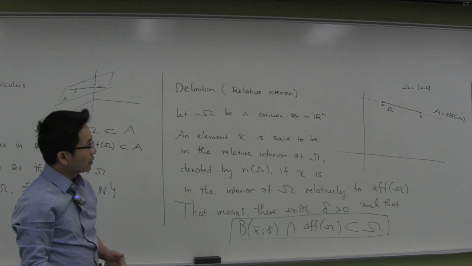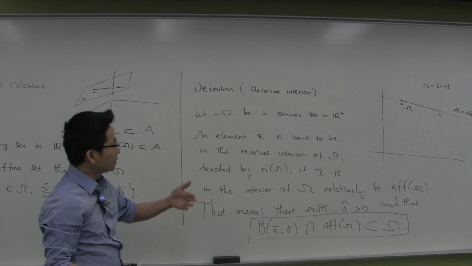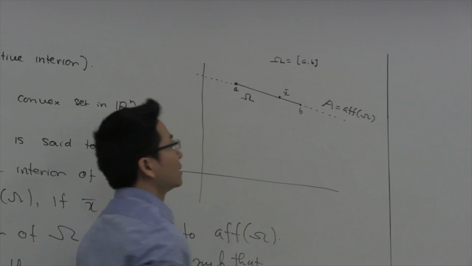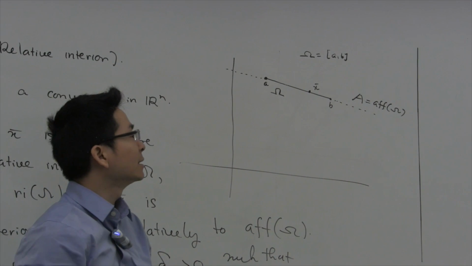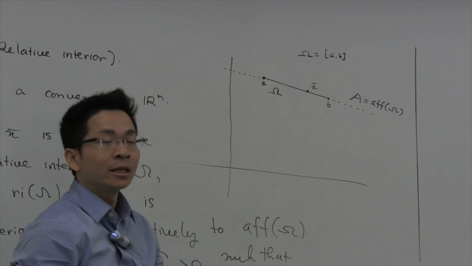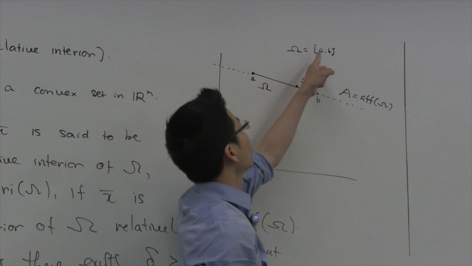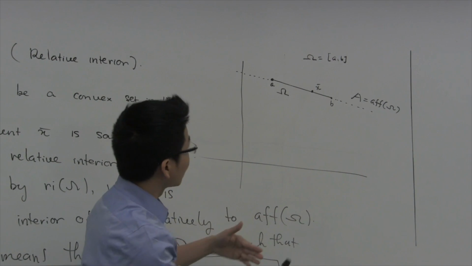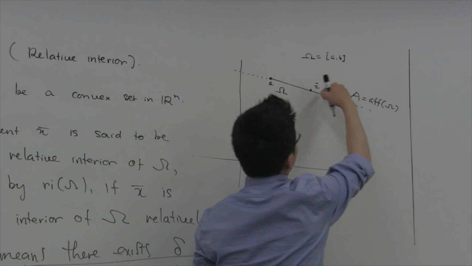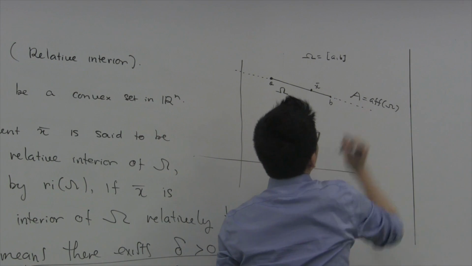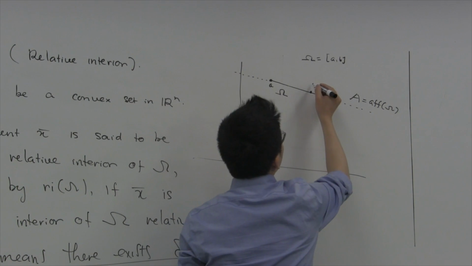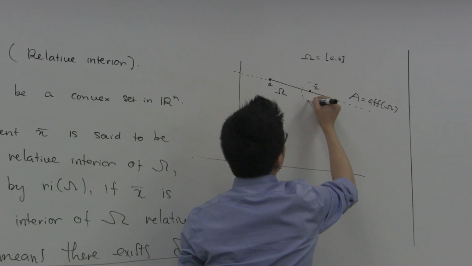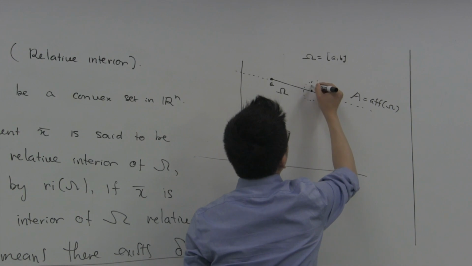Okay. Now, for example, here in this situation, if we look at this point x bar, then we see that x bar here is in the relative interior of the set omega. How can we see that? At first we're gonna look at the affine set generated by omega, which is half of omega. And now, if we look at this ball centered at x bar and radius delta.